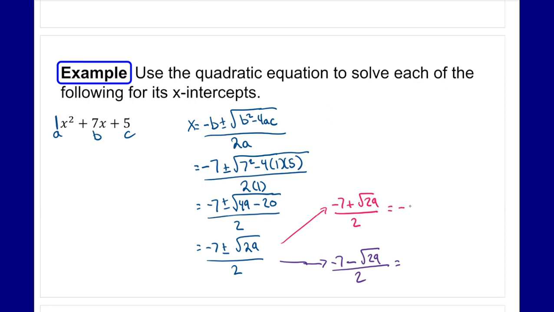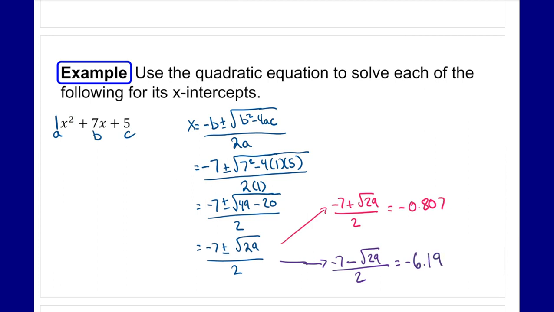So the first one we get is negative 0.807 for one x-intercept, and our second one, negative 7 minus the square root of 29 divided by 2, equals negative 6.19.